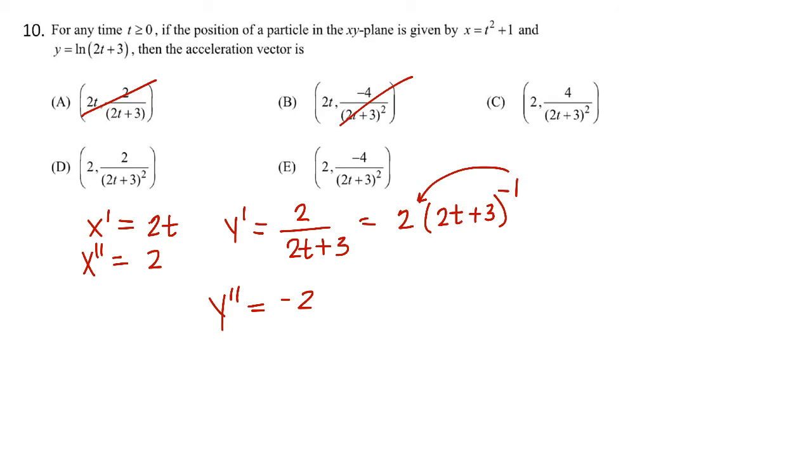So something's telling me it probably needs to be answer choice E, but let's go ahead and finish it out just to make sure. So I'd have 2t plus 3 raised to the negative 2 times the derivative of the inside. All right, so yeah, it looks like the right answer is going to be E. So if you're in a crunch, then that might be a good idea.